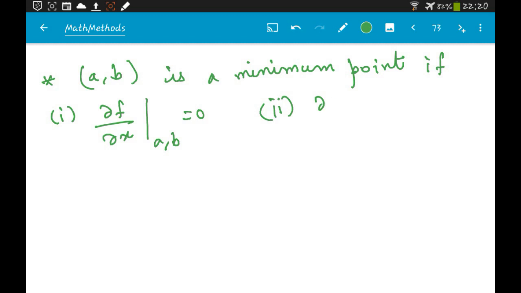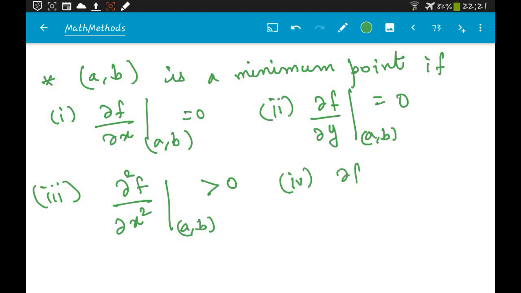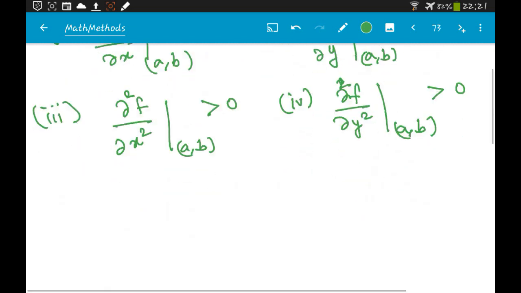Condition 2, dou f by dou y at (a, b) is 0. Condition 3 is if dou square f by dou x square at a comma b is greater than 0. Okay. Condition 4, dou square f by dou y square at a comma b is greater than 0.